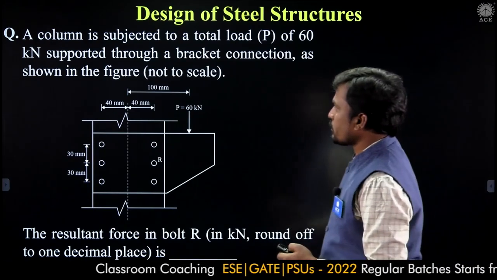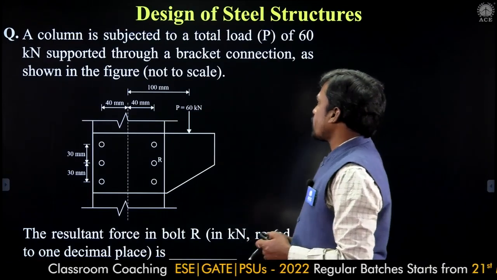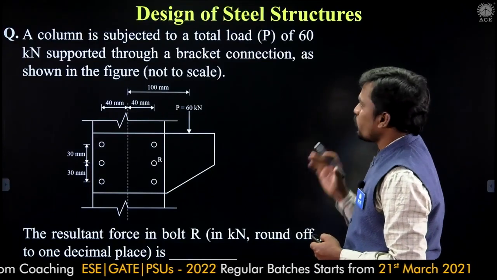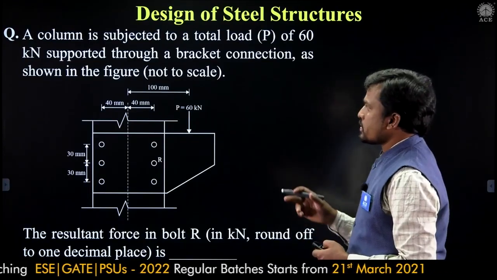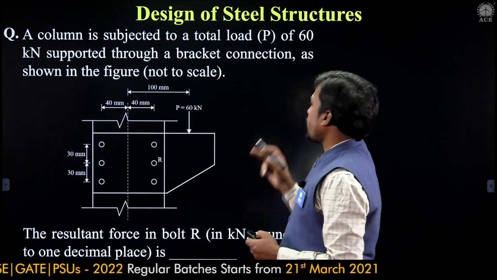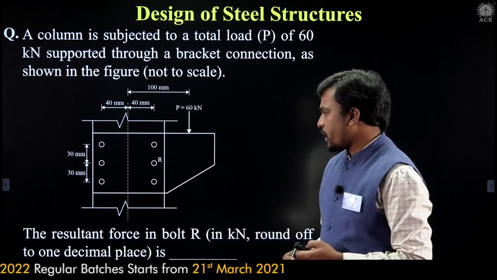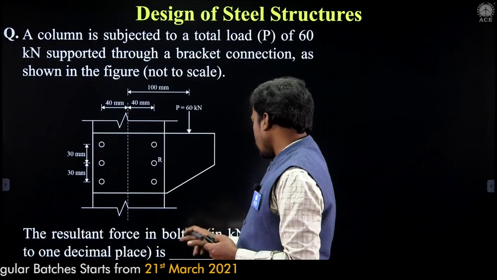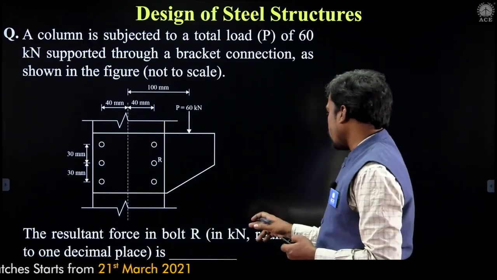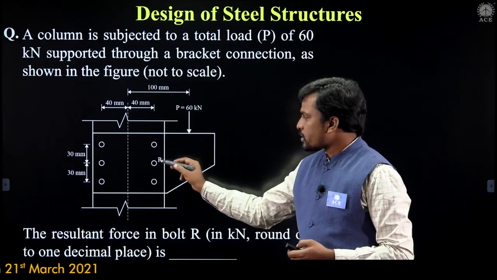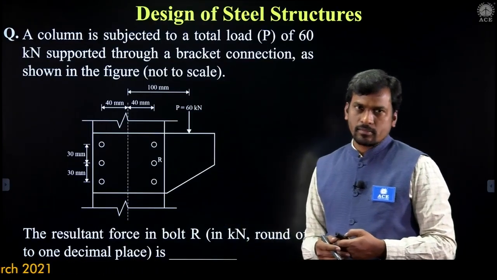A column is subjected to a total load P of 60 kilonewton, supported through a bracket connection as shown in the figure, not to scale, and he is asking for the resultant force in the bolt R, in kilonewton.